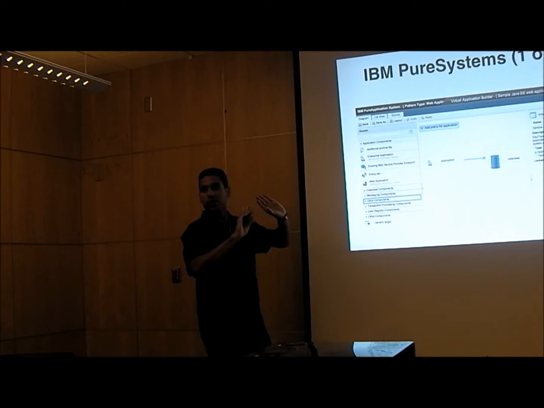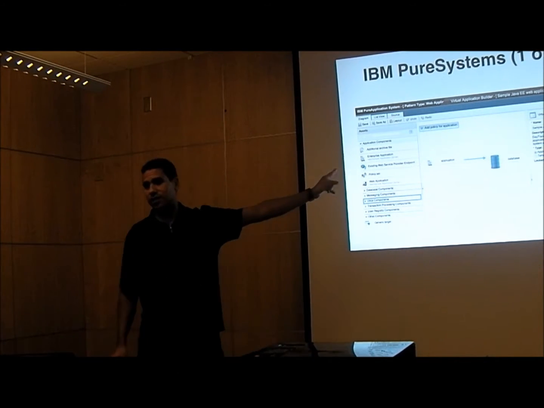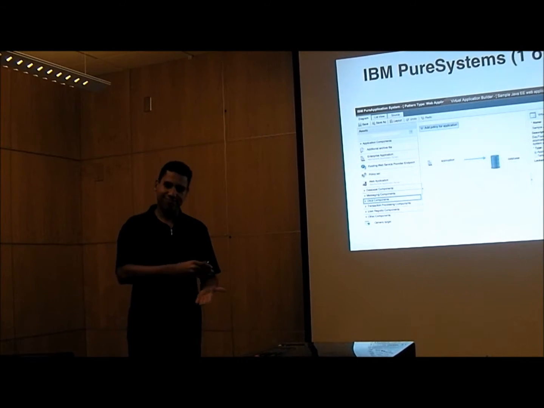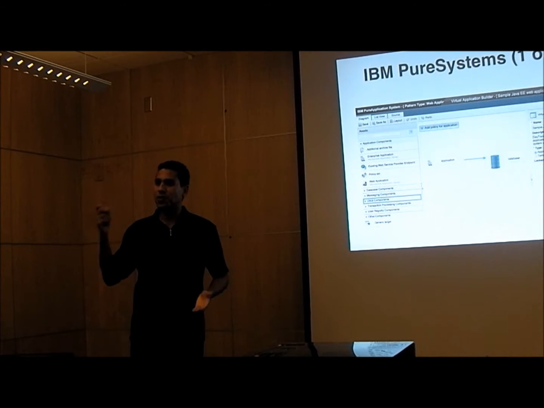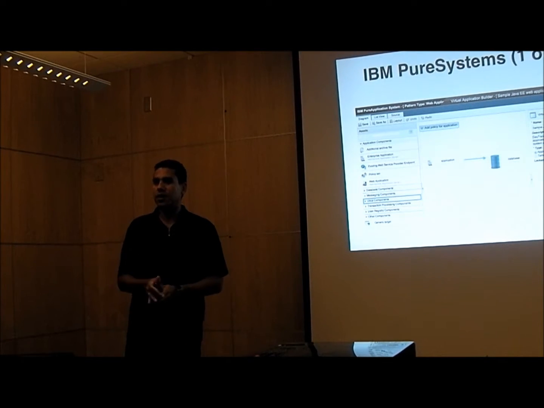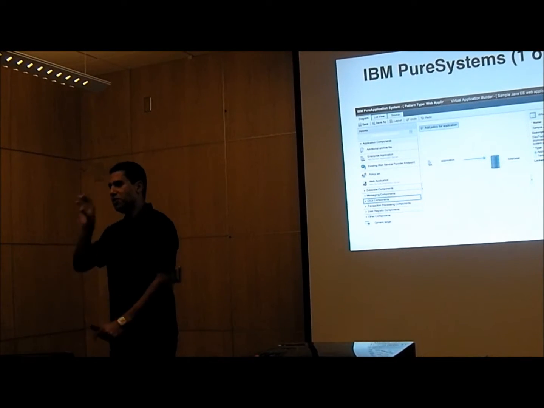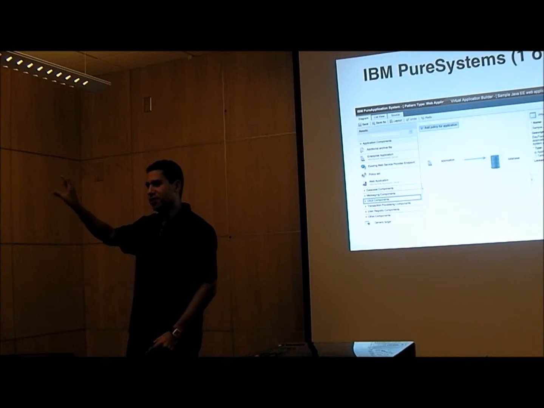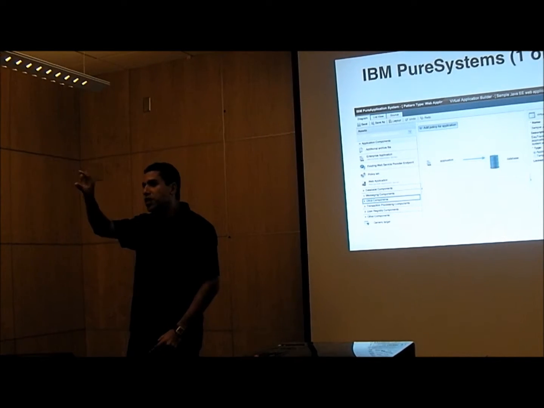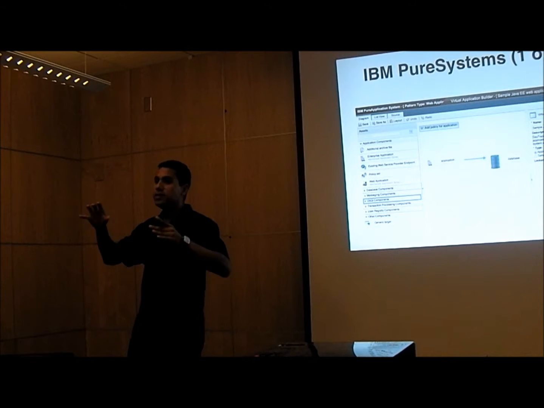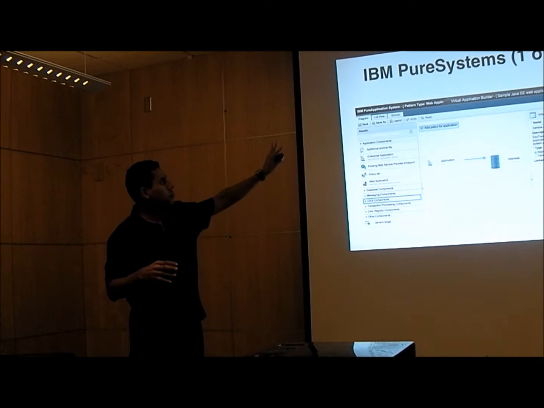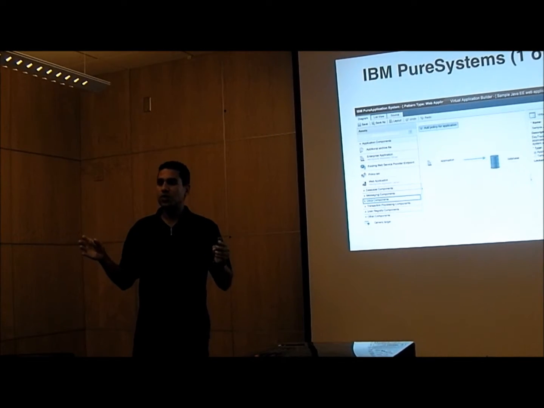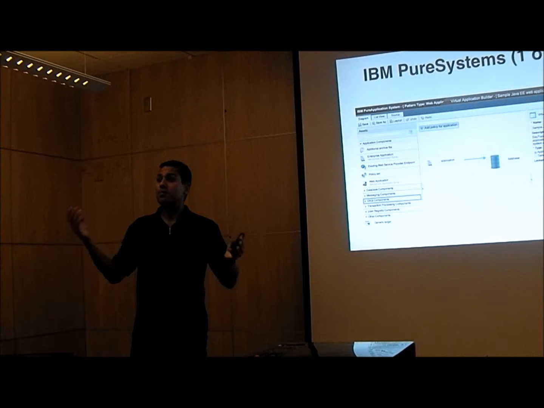I have to tell you, before you even get to that screenshot, there are like 2 or 3 that you can go through where you can set up your own cloud, you can partition the cloud, you can look at the servers, you can look at a particular unit on a server. So basically, this entire PureSystems is IBM's solution for public and private cloud.